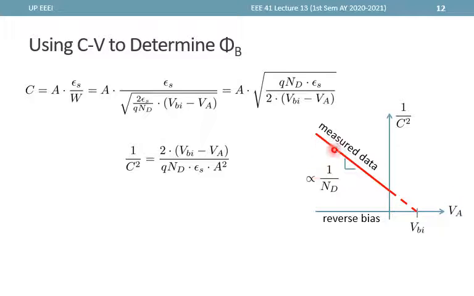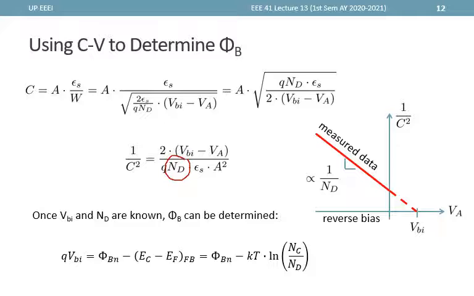And if we get this plot, we can interpolate or extrapolate VBI, and from the slope we can get that the slope must be proportional to 1 over ND. So after we have done that, we were able to identify VBI and ND.